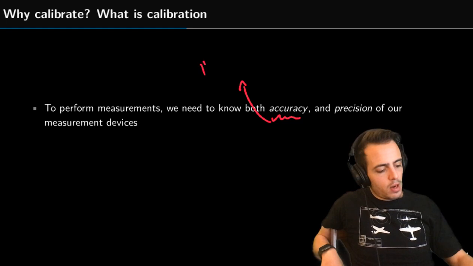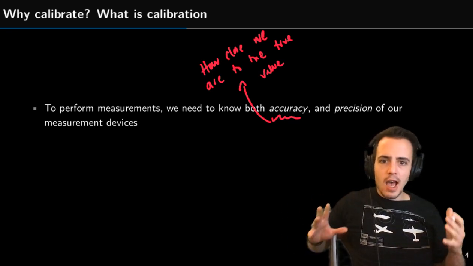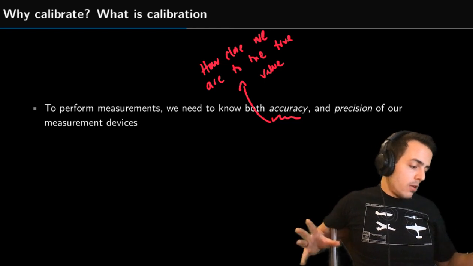Accuracy is how close we are to the true value. So this is effectively how close we are to the bullseye of a target. That's accuracy.